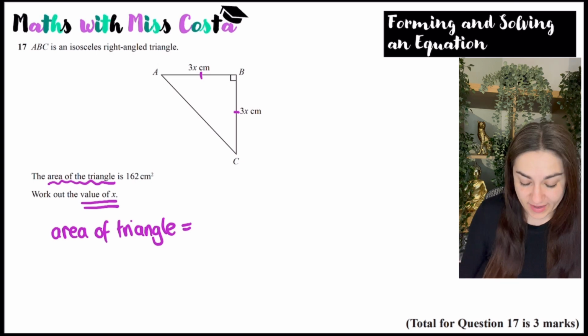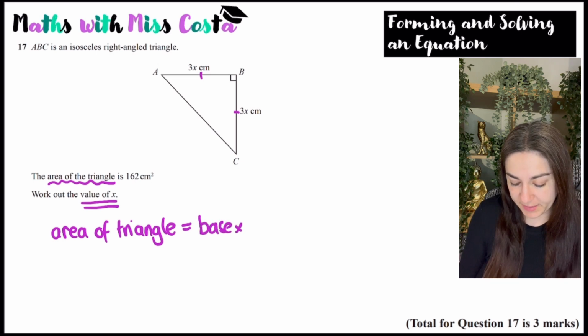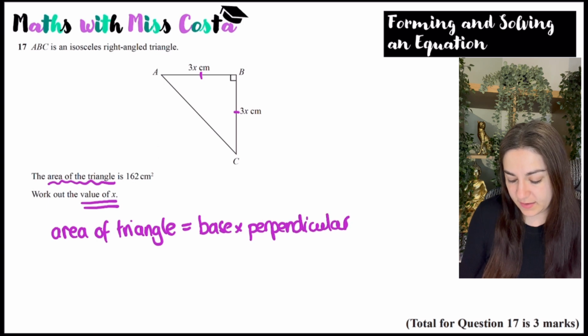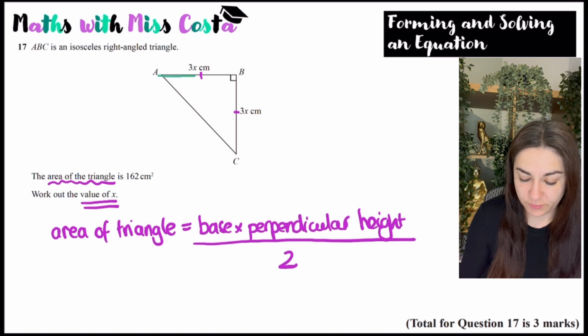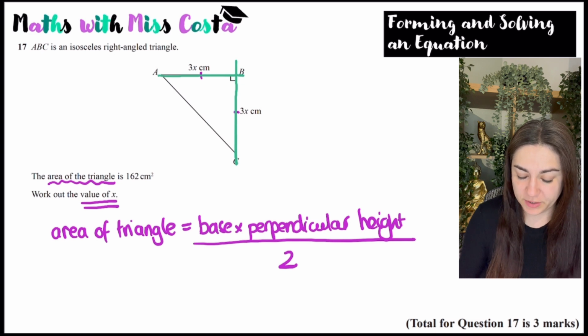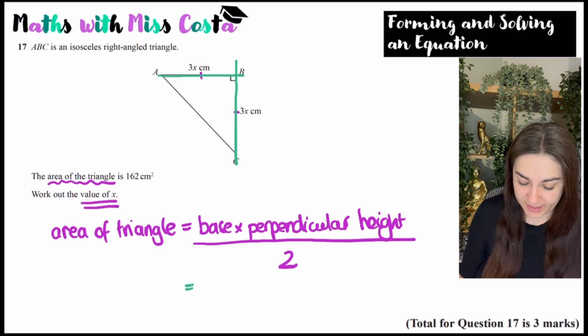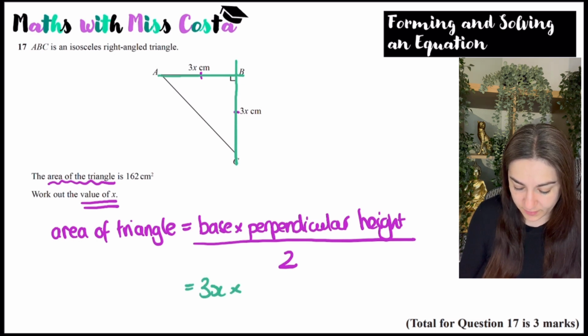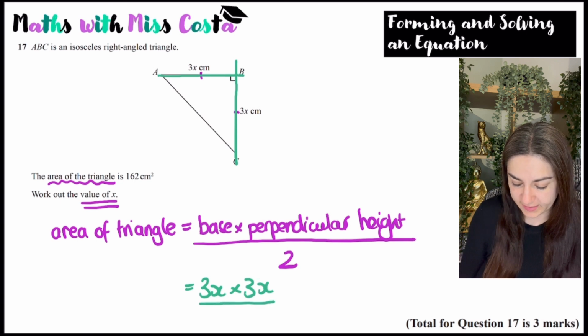Well, I know that the area of a triangle is base times by the perpendicular height divided by 2. So often, as long as there's a right angle, they're the 2 heights that you're going to use. So the base is 3x, the height is 3x, and then I'm going to have to divide that by 2.